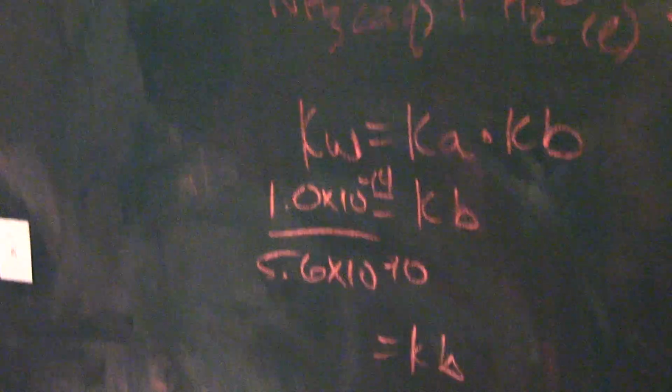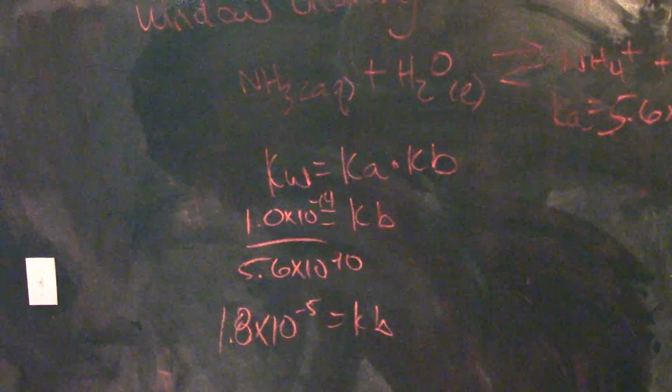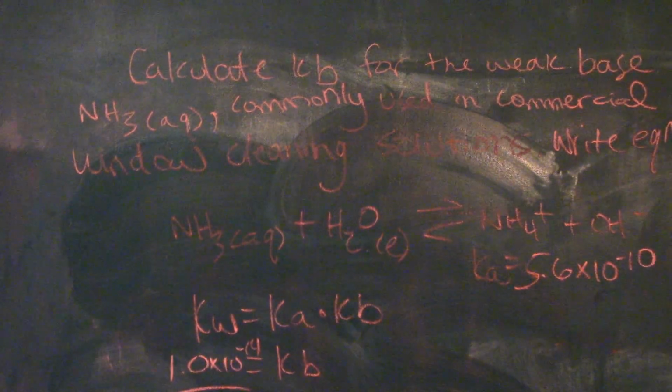So Kb, when I solve for that, ends up equaling 1.8 times 10 to the negative 5. So I can use this relationship to solve for Kb when I need it. Okay? So be prepared to do that on a test question.